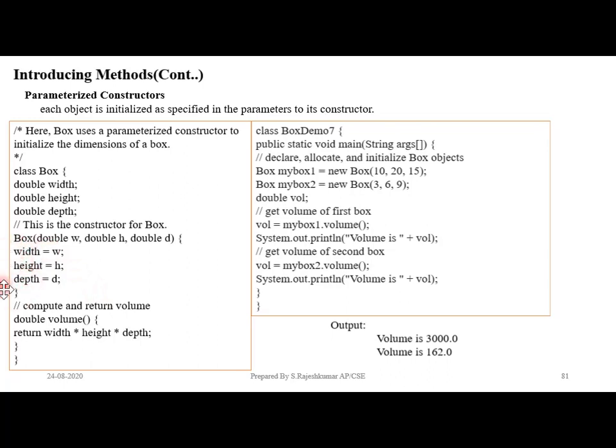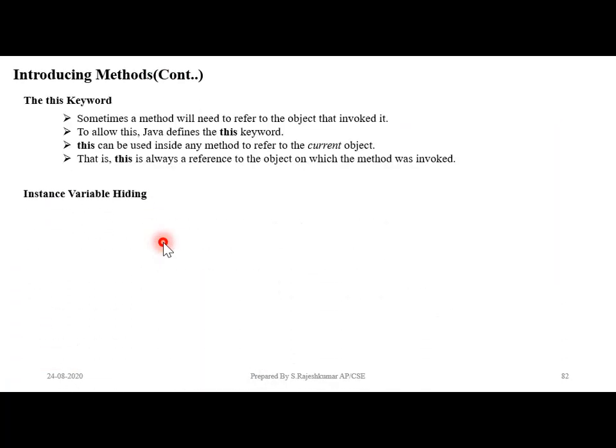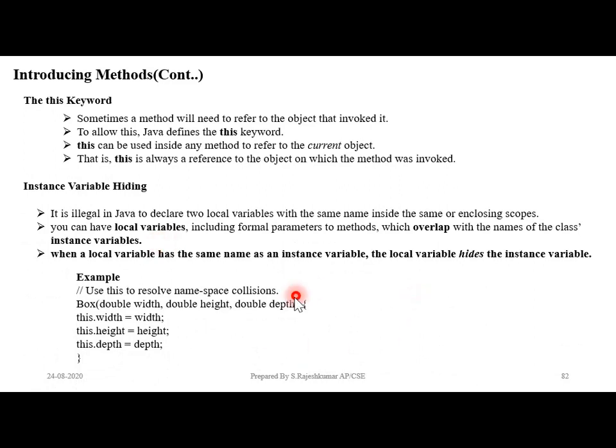Here the left side three variables are instance variables and the right side three variables are formal parameter variables. So here the local variable hides the instance variable. This problem can occur when the local variable has the same name as the instance variable.